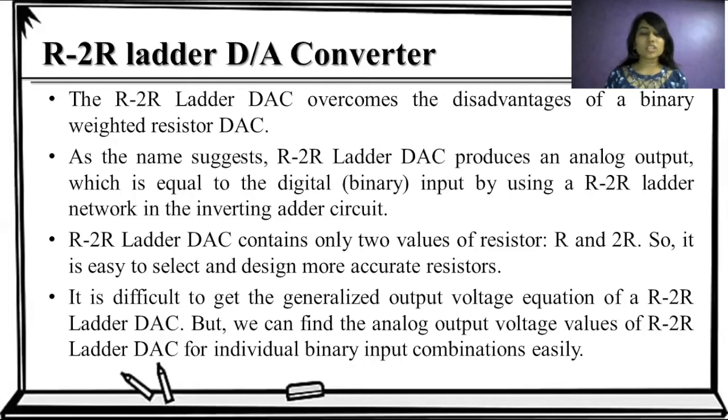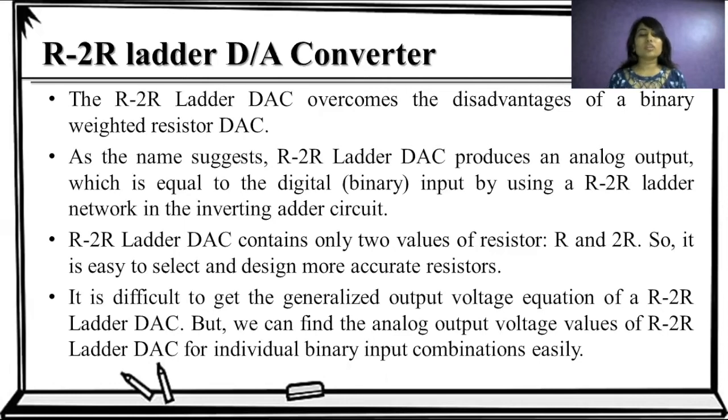It is difficult to get a generalized output voltage equation for an R2R ladder DAC, but we can find the analog output voltage values for individual binary input combinations easily. We can calculate analog values for this R2R ladder network using individual bits.